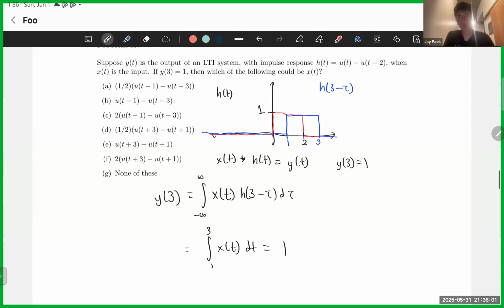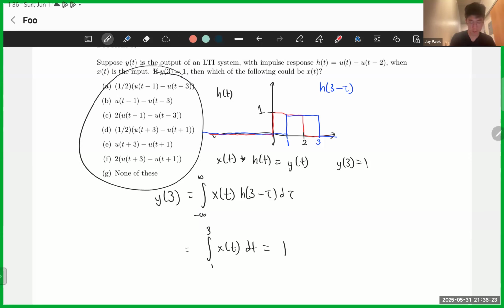And so all we need to do is find a function such that if you integrate from 1 to 3, it's equal to 1. And given how Ziegler quizzes operate, there will be exactly one answer choice where this will work, or none of them.